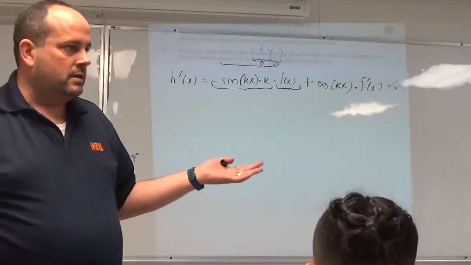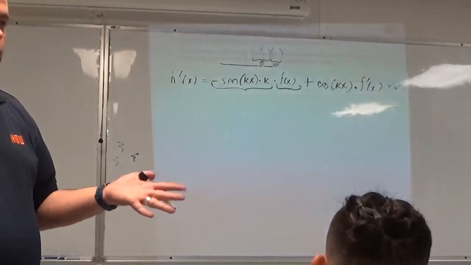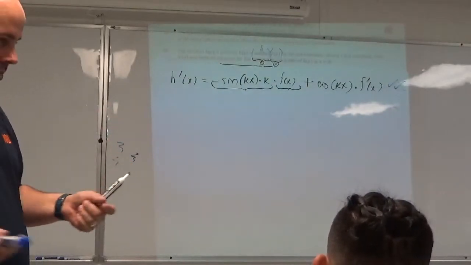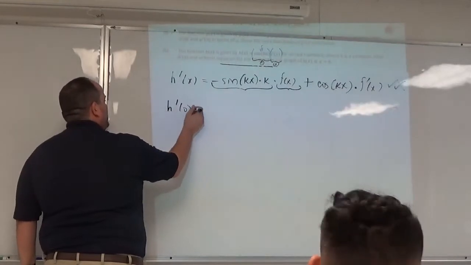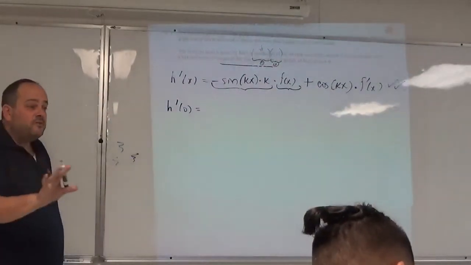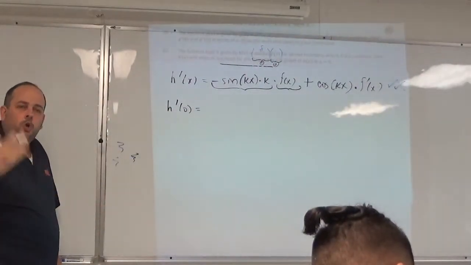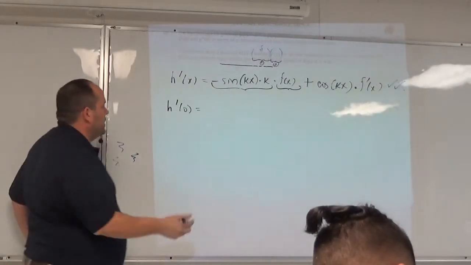What do we do next? Even if you have the wrong derivative, you're going to plug in 0 to the derivative. You're going to find h prime of 0. So even if you have the wrong derivative, you keep going, because this is what you do.